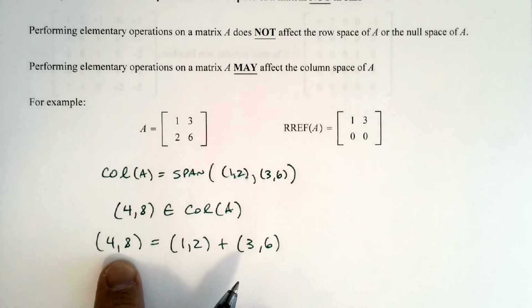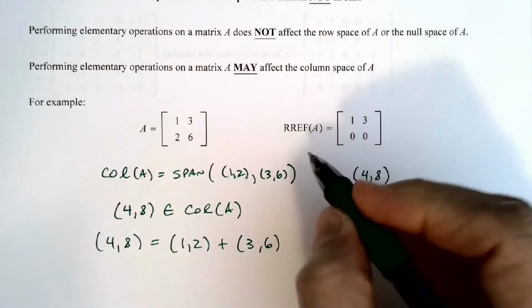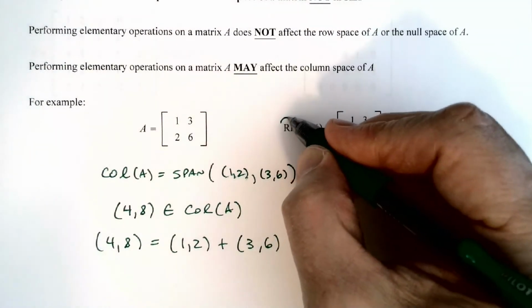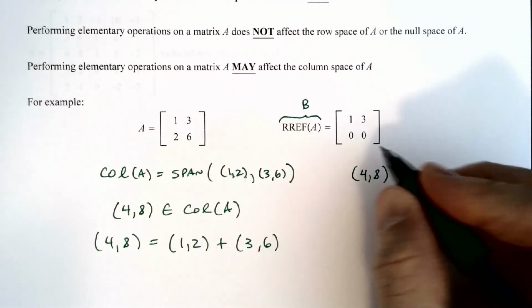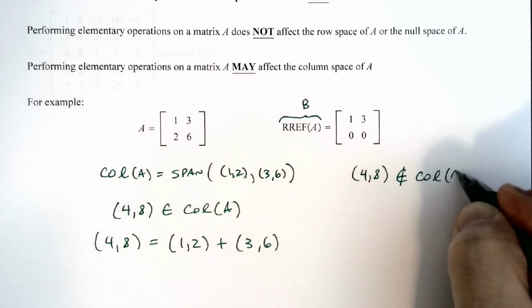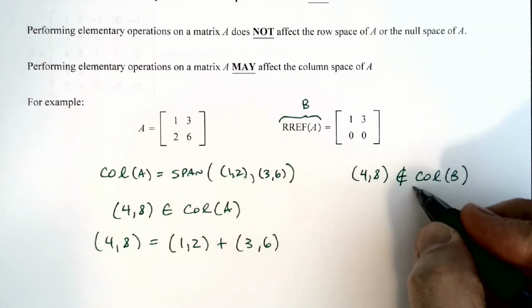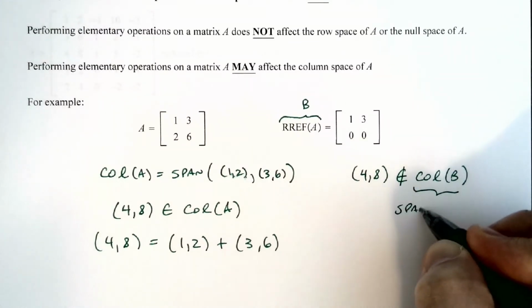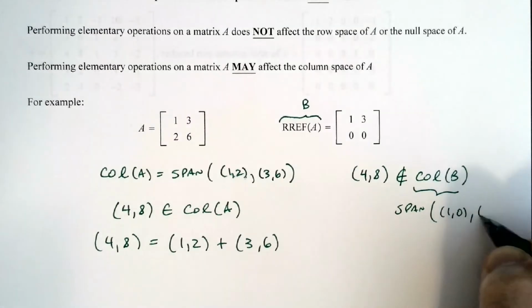Okay? Well, is the vector 4, 8 in the column space of this? Let's call this matrix B, the reduced row echelon form. Is this in the column space of B? No. This is not in the column space of the reduced row echelon form of A. Because the span of this is what? The span is 1, 0 and 3, 0.